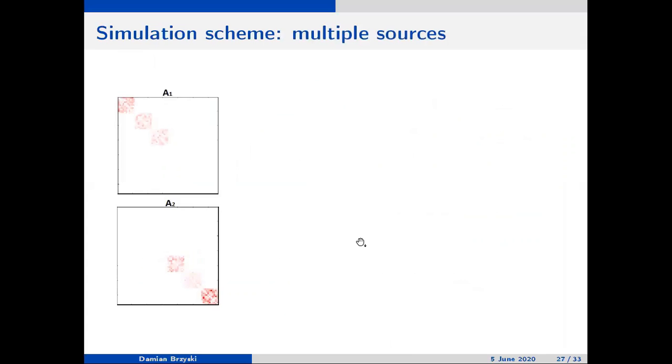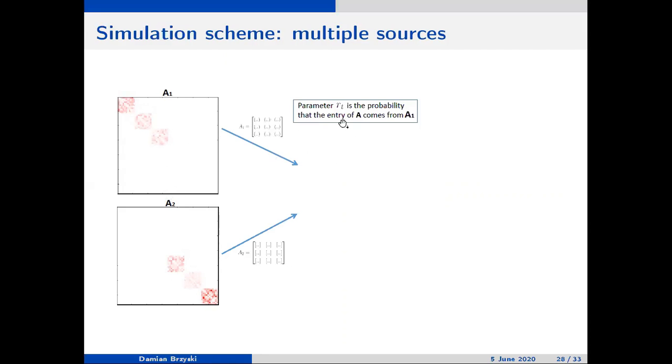So how can we do something similar for multiple sources? This is the direction I was going. Suppose that we have two matrices, and in the simulation we assume the block structure. In the capital A sub 1 matrix, you have 3 blocks, and the same for the second matrix, but those blocks are not overlapping. They are from different submatrices. What's the second step of building the matrix for signal generation?